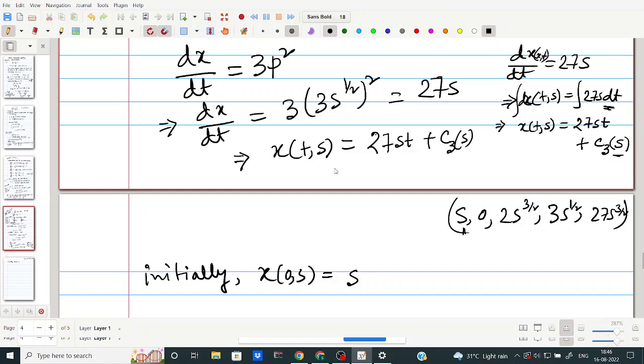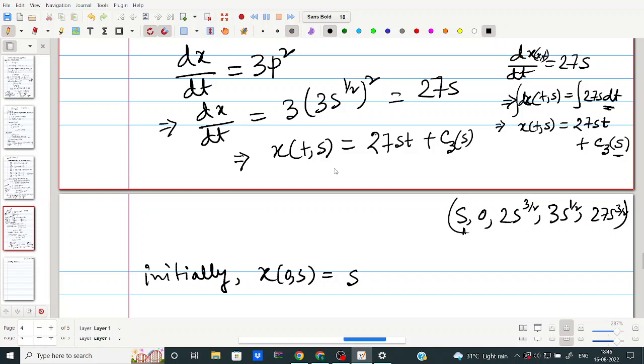Okay. Understand? It is giving the initial strip. Initial strip means on the datum curve, initially t equal to 0, only a function of S. So let me write, comparing S, 0, 2 S power 3 by 2 with my given point 1, 0, 2.